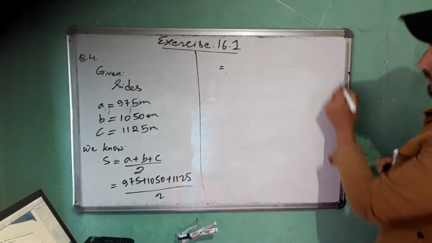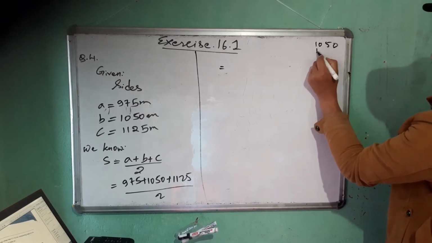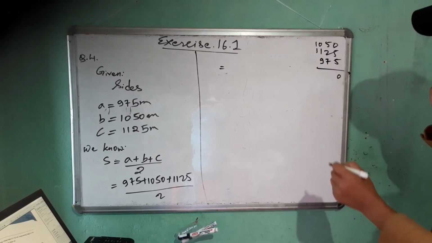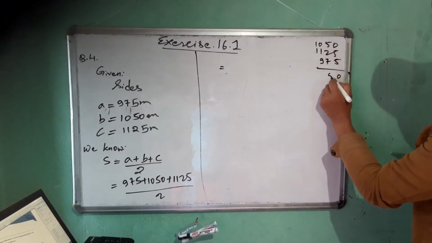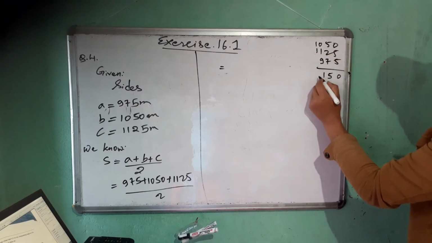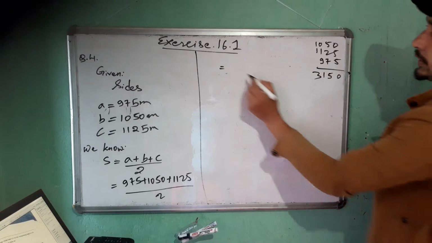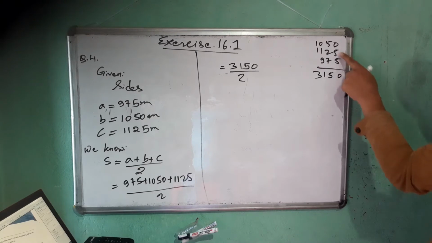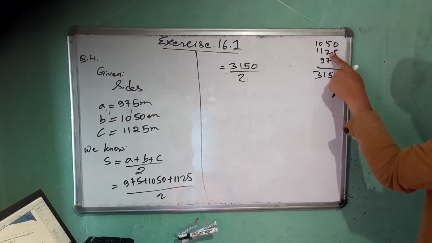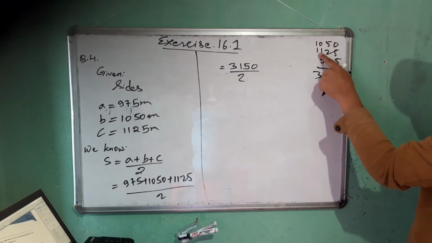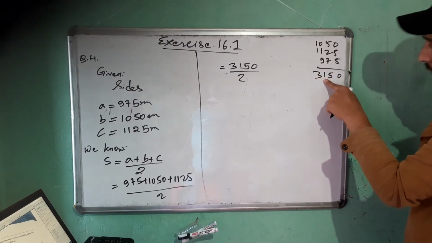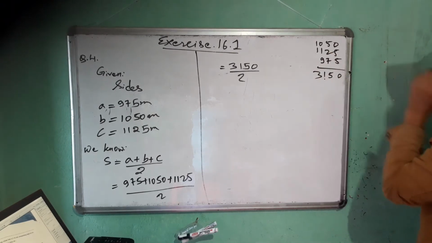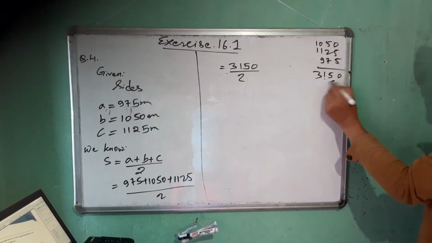On addition, how much will you get? 1050, 1125 and 975. 5 plus 5 is 10, 1 is carried over. 5 plus 2, 7 plus 7, 14 plus 1, 15. 9 plus 1, 10 plus 1 is 11. 1 plus 1, 2 plus 1 is 3.